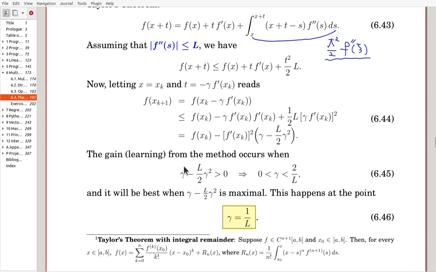So the requirement is this one, and that is the same as here: gamma is between 0 and 2 over L. This quadratic term has a maximum when gamma is the midpoint. So yes, gamma is 1 over L. You can get this by using the derivative technique: make a derivative and set it to 0, then you can find this equation also.